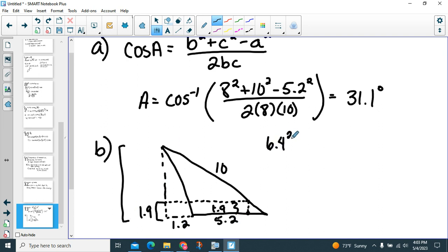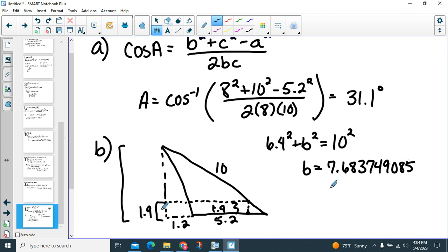So 6.4 squared plus b squared, which I don't know, is equal to 10 squared. I subtract 6.4 squared and then take the square root, and I get that b is equal to 7.683749085.